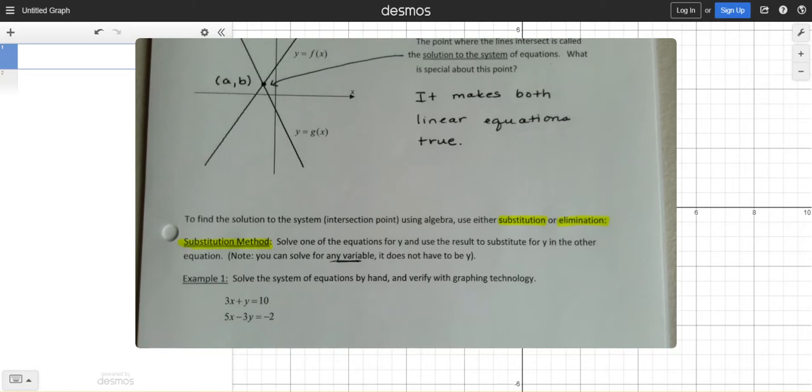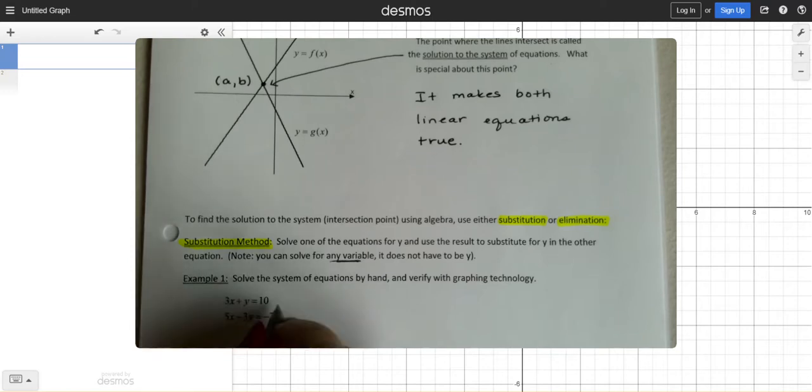All right, let's look at our first example. I'd like to solve this system of equations, and then we'll verify by graphing. So I really am looking for a point that makes both of those equations of lines true. Well, I can see that in this first equation, I've almost got y by itself. It would be pretty easy to solve that top equation for y, so that's what I'm going to do.